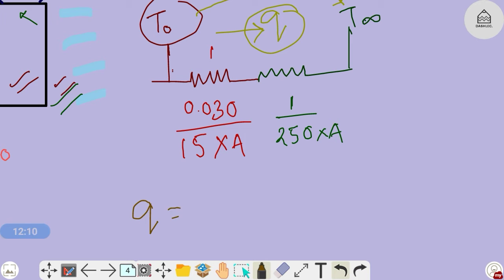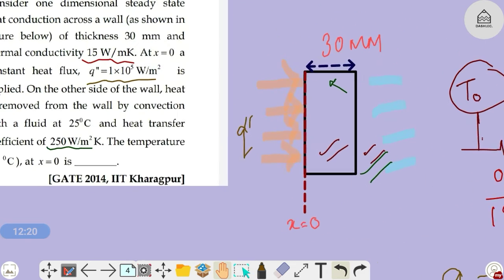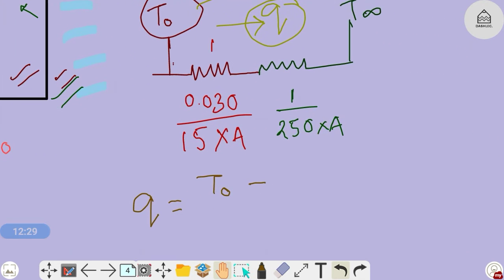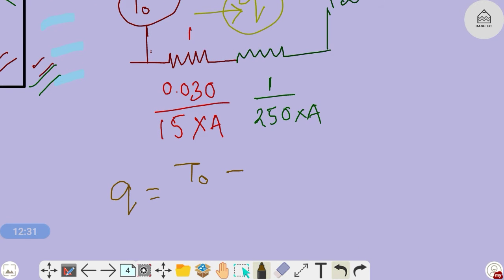Q is equal to T0 minus T infinity. T infinity is given in the question, that is 25 degrees Celsius.